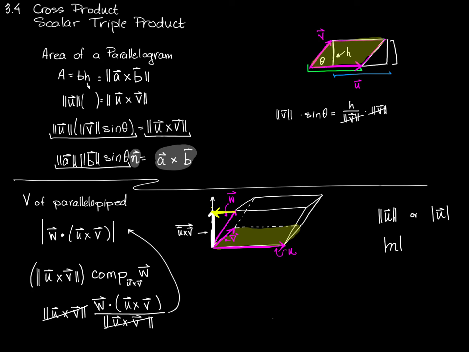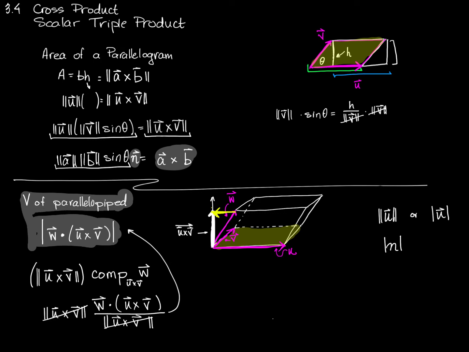Except that because our parallelepiped may be floating down into an octant down here, and since we're looking for volume, we're going to take the absolute value. So the punchline here is that the volume of a parallelepiped can be found using this formula.